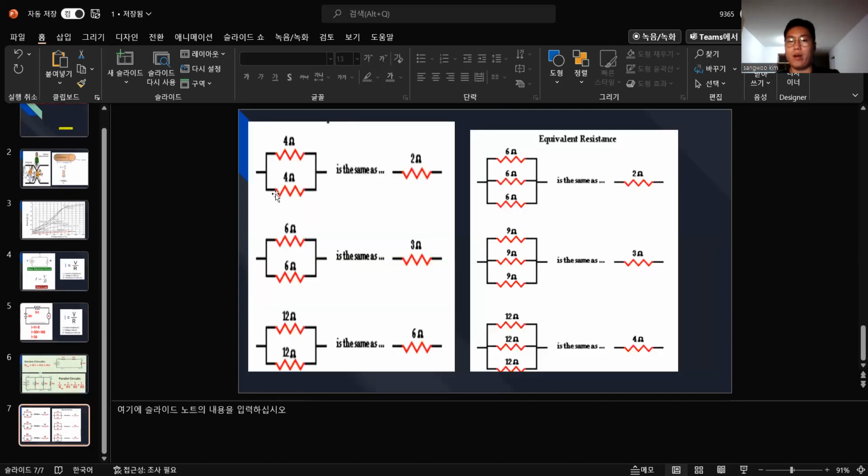This is parallel, right? Using the formula, you will see an amazing thing. The total is reduced. For 2, 3, 6, it's going to be 1. Even with 6, 3, it's going to be 2. And 9, 9, 9, it's going to be 3. 12, 12, 12, it's going to be 4. Look at that.